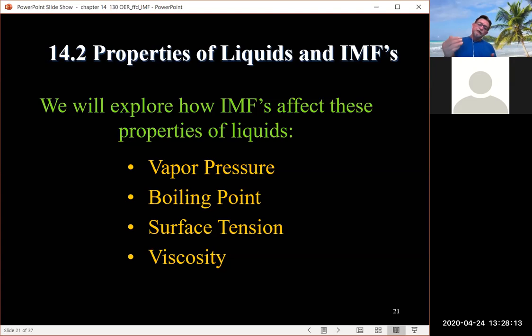So that infers that the intermolecular forces of alcohol are much less, okay? Because it doesn't take much heat or energy to cause the liquid molecules to separate and go into the vapor phase.